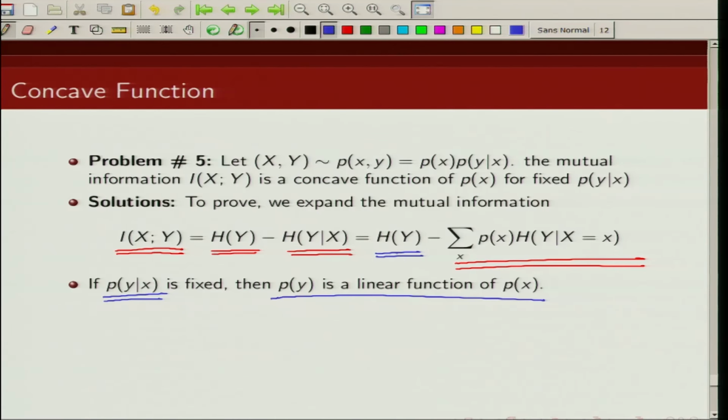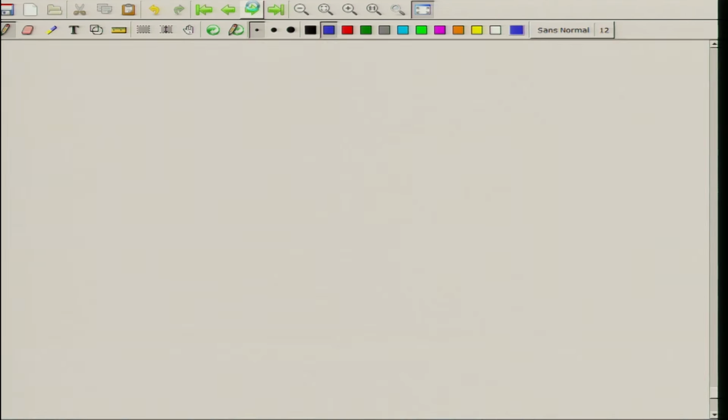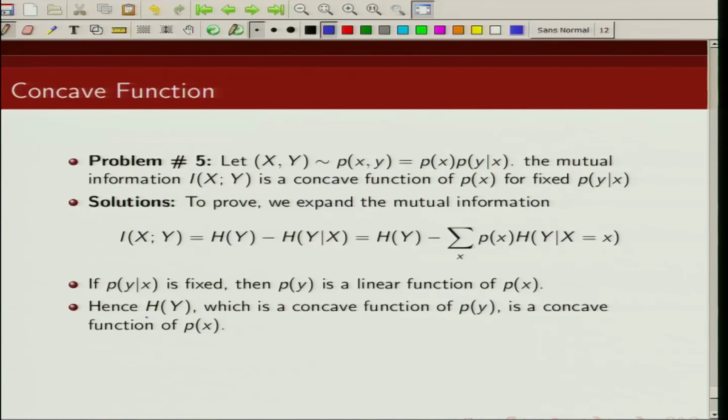So if it is a concave function of P of y, it will also be a concave function of P of x, because P of y for a fixed P of y given x is a linear function of P of x. So since H of y is a concave function of P of y and P of y is a linear function of P of x, H of y must also be a concave function of P of x.